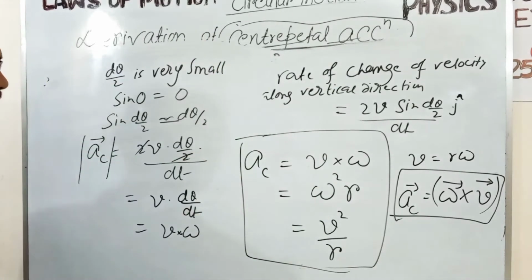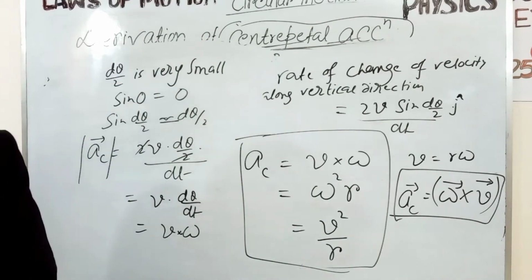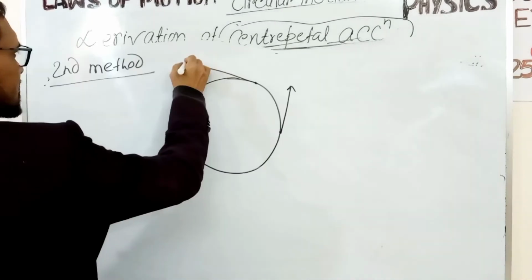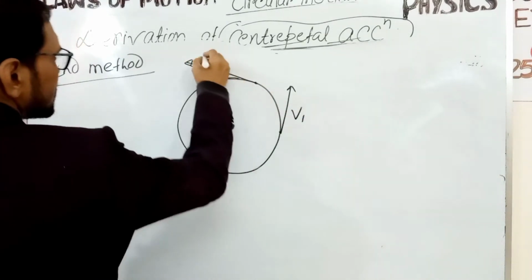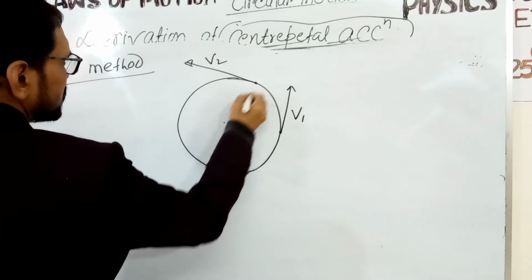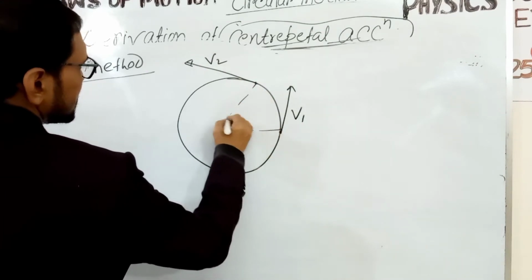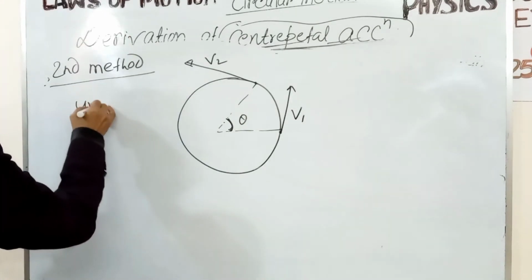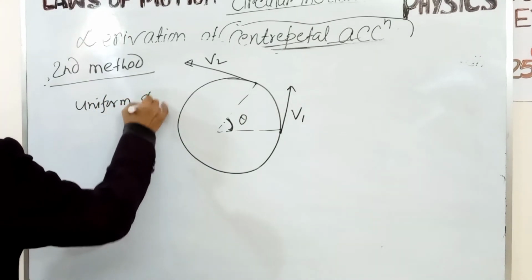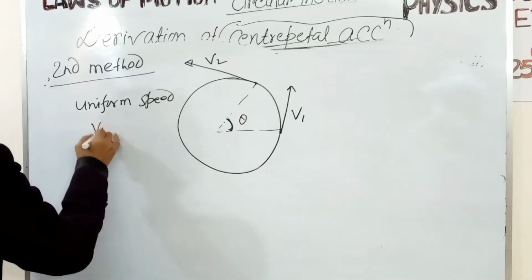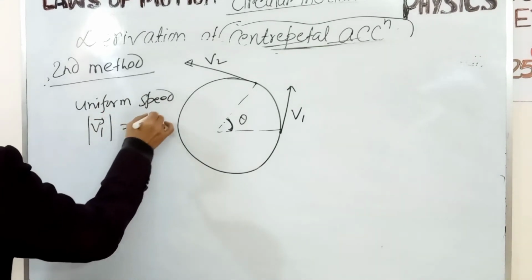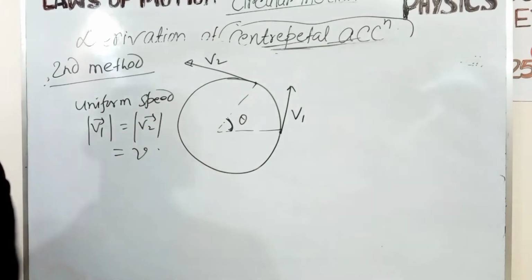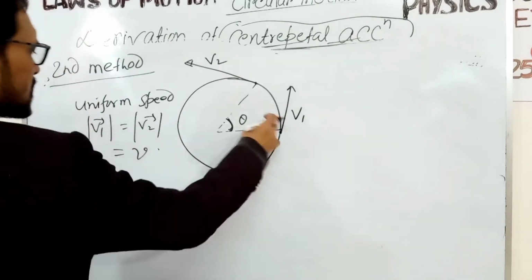This is the derivation of centripetal acceleration by one method. In the second method, suppose this velocity is v1, this is v2, and the angle between v1 and v2 is theta. For uniform speed, the magnitude of each is v.